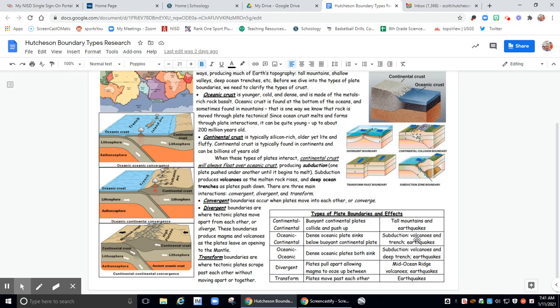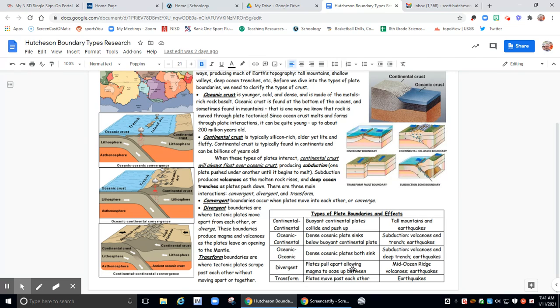So that subduction then creates volcanoes and a trench, and again, always earthquakes. When two oceanic plates collide, the older of the two plates is usually the more dense, and that is the one that's going to subduct. Volcanoes, trench, and earthquakes can also occur, and these volcanoes would be islands if it's two oceanic plates.